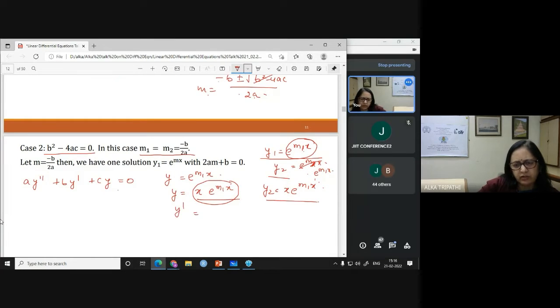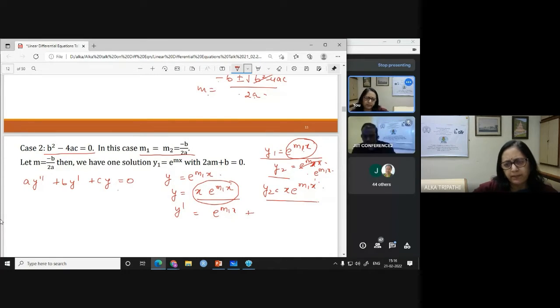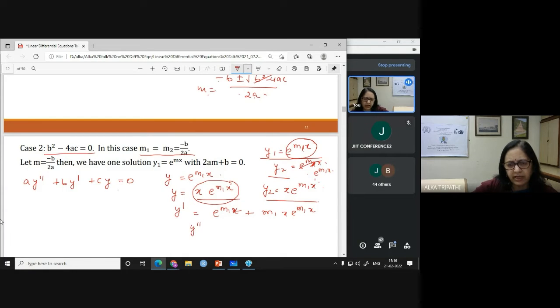So y dash is equal to e to the power m1x plus m1x e to the power m1x. Similarly, y double dash, if I am finding it out, will be m1 e to the power m1x plus m1 e to the power m1x plus m1 square x e to the power m1x.